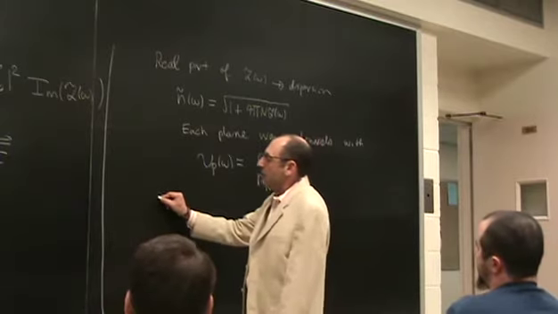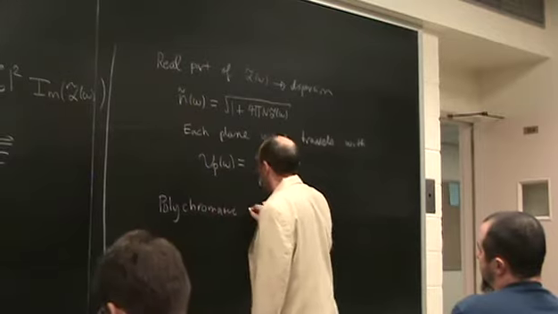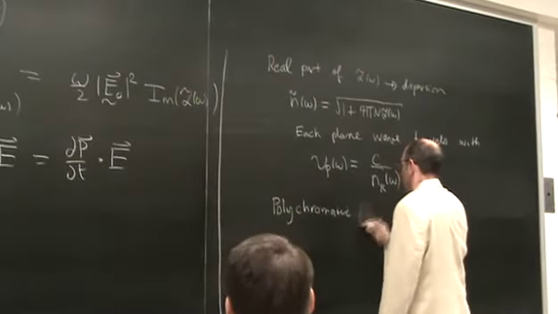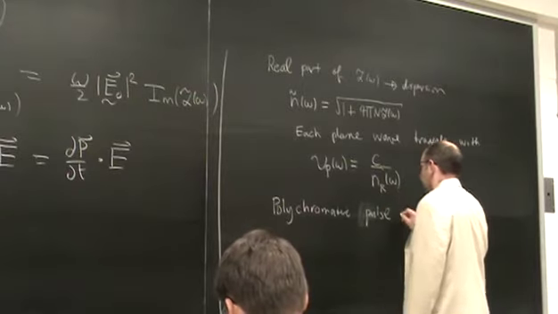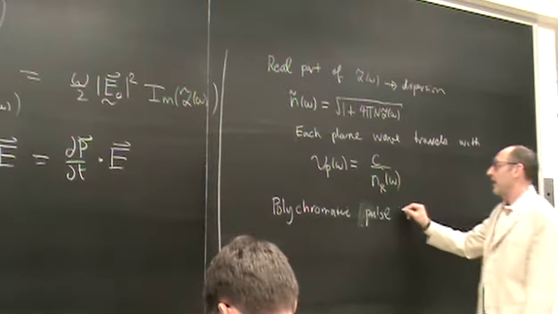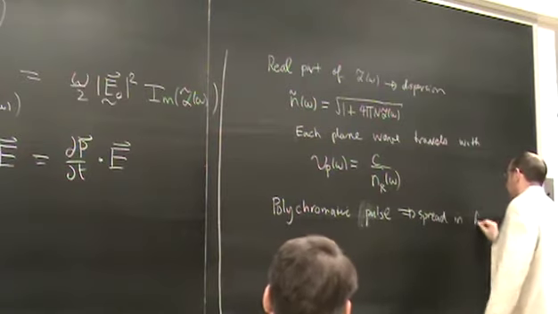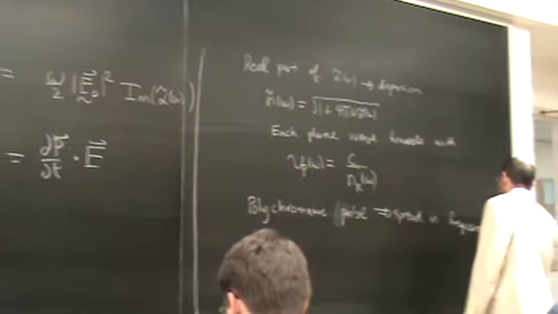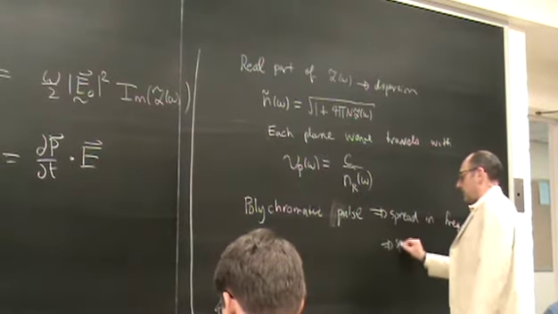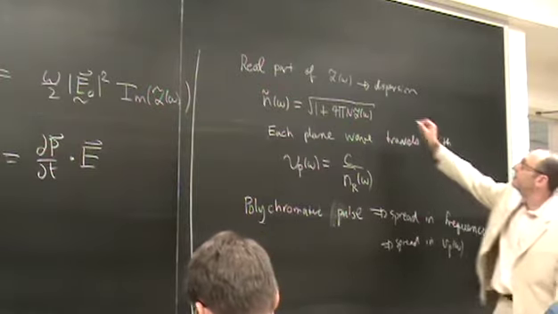Okay, so what if we have now a polychromatic pulse, which is a physical pulse. You can't have a single frequency forever, that would go on forever, but that means that we have a spread in frequencies and not a spread in phase velocities, which leads to dispersion.